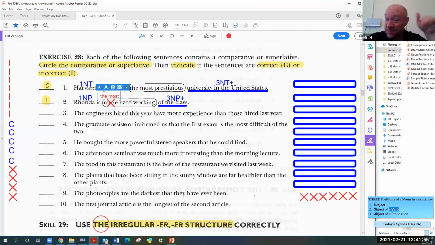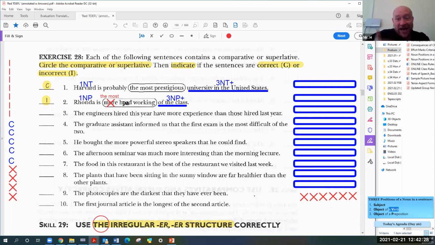This is a special case because hardworking is an adjective with 2 parts. You cannot change the first part. This is one adjective, just one adjective with 2 parts. Hardworking. We don't change the first part.